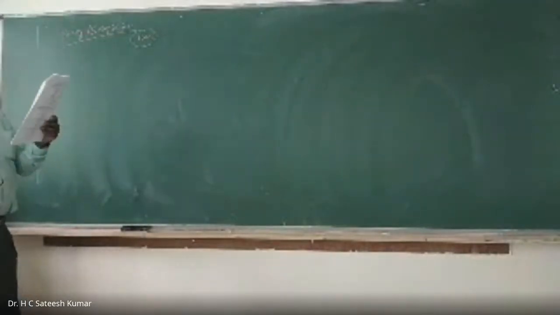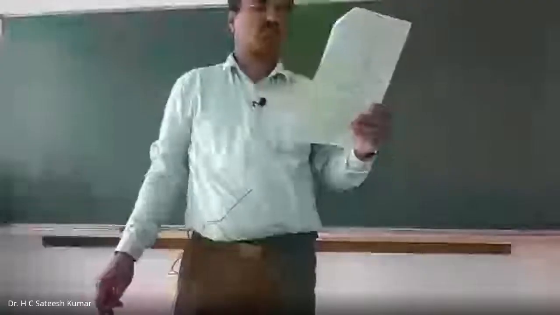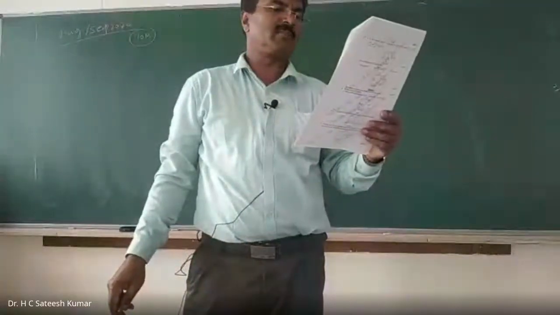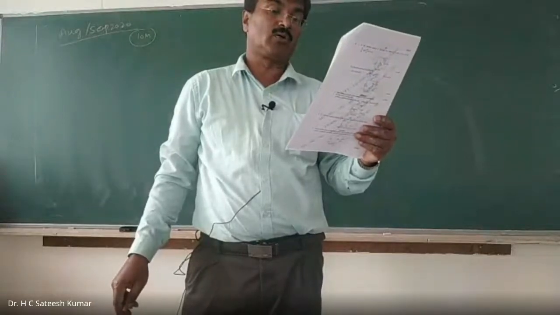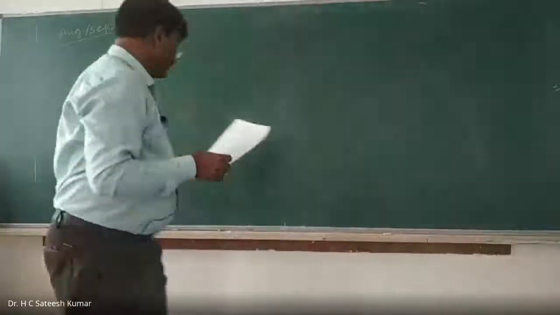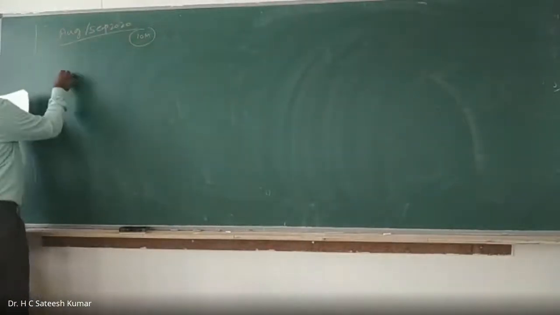The question is like this: find the value of RL for the network shown in the figure that results in maximum power transfer. Also find the value of the maximum power. Whenever we have this kind of question, observe carefully. I'll write down the circuit diagram.